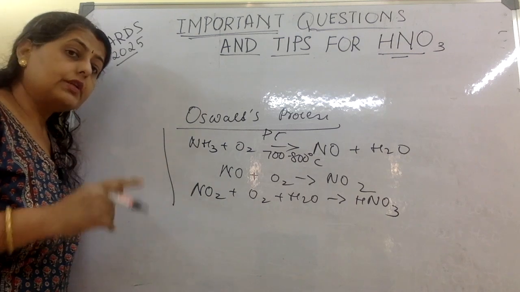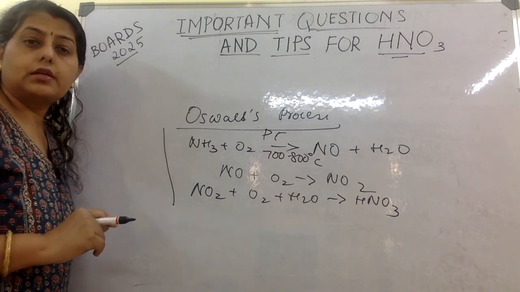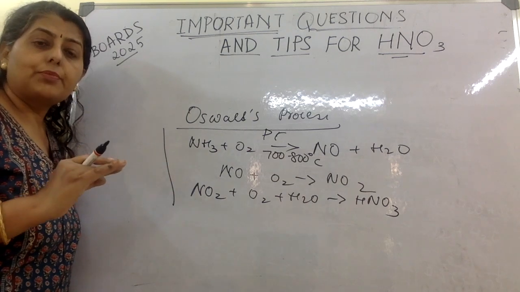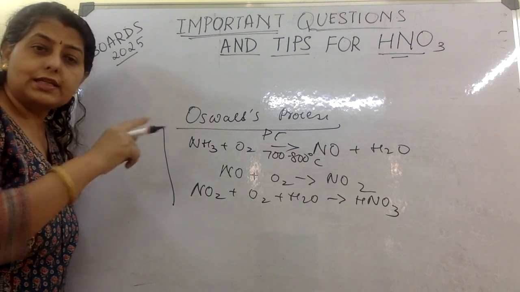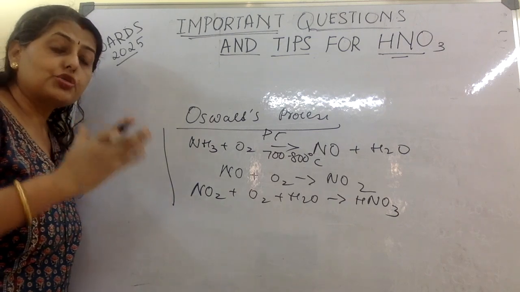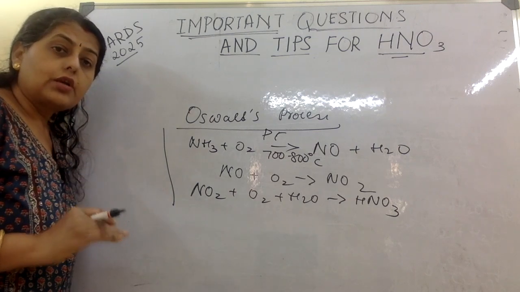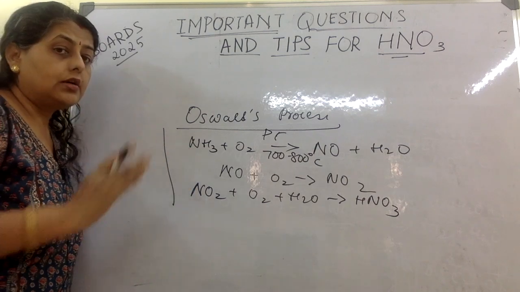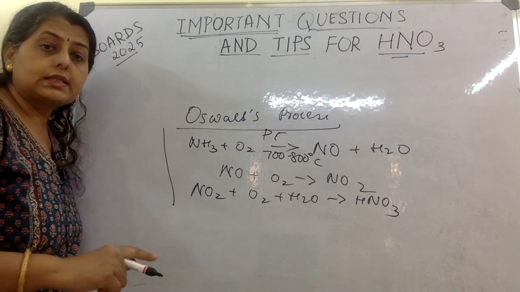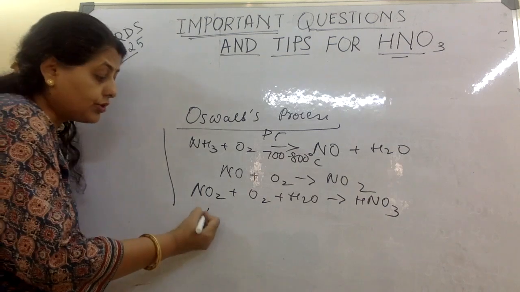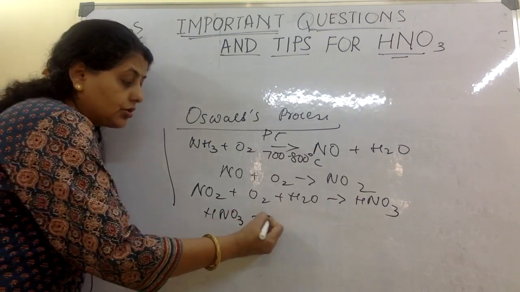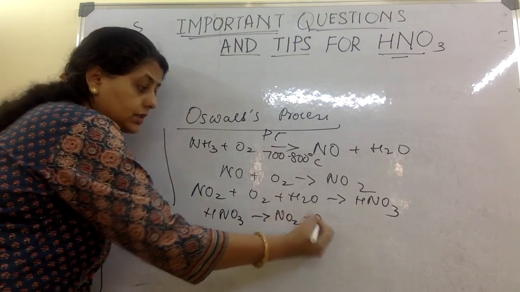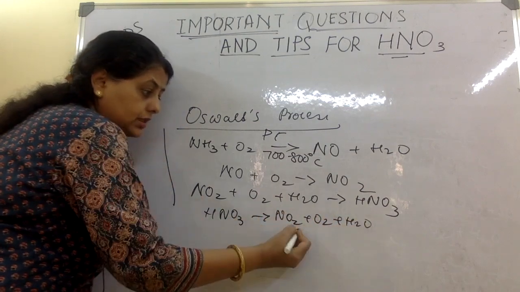Even if you keep it in the lab in a bottle, the nitric acid bottle is always yellowish brown, and that comes as a question. Why is the bottle of nitric acid always yellowish brown at room temperature? The reason is that HNO3, if you keep it at room temperature, will split into this.